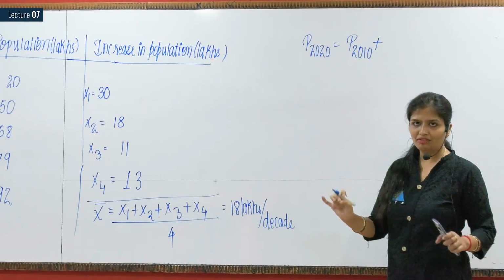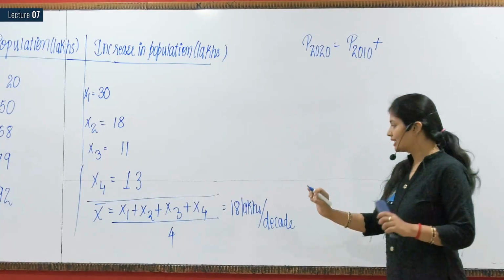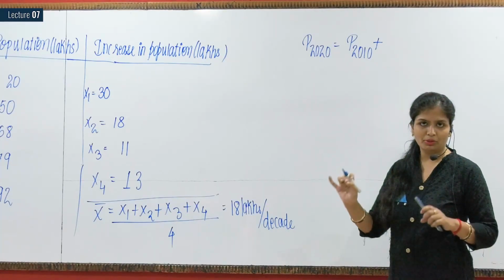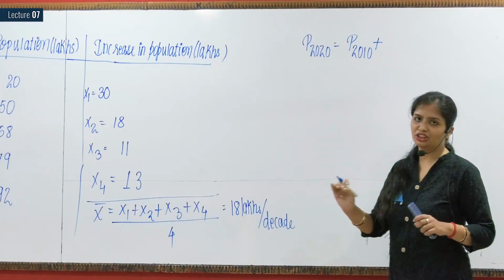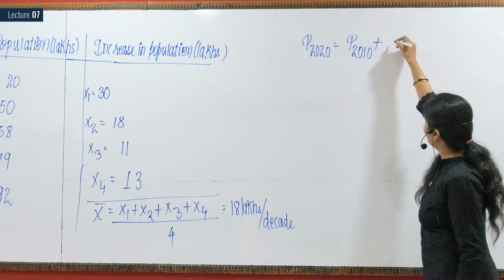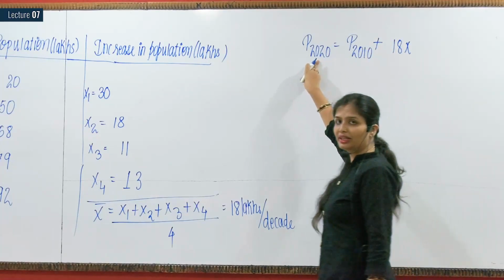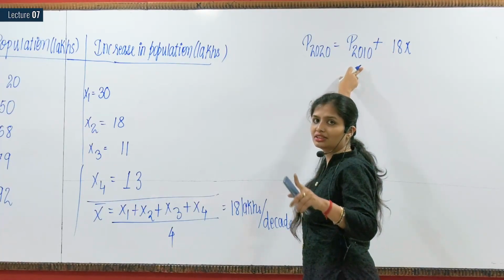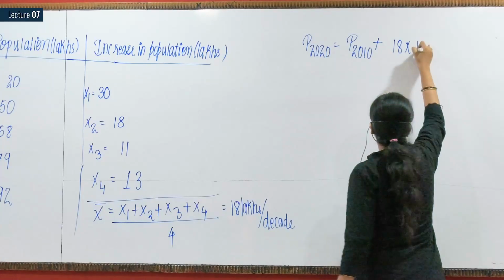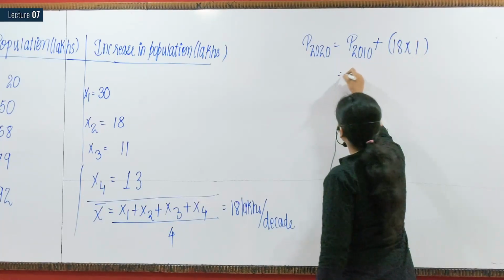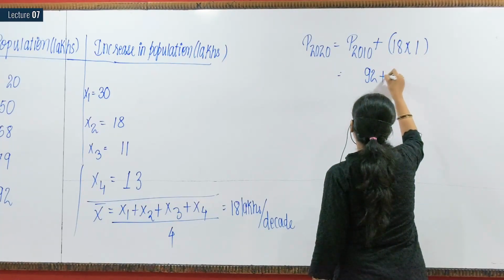That means on an average in 2020, at least 18 lakhs extra population will be there. So this is 18 lakhs per decade. What is the difference between 2020 and 2010? 10 years. That is 1 decade. So what was the population? Here it was 92 and here it's 18.